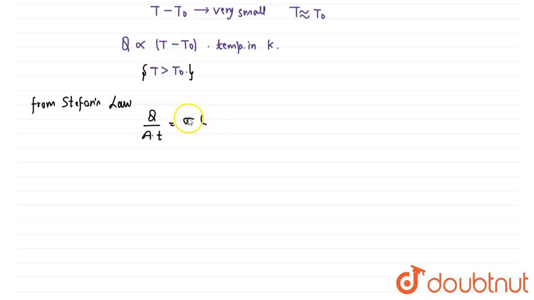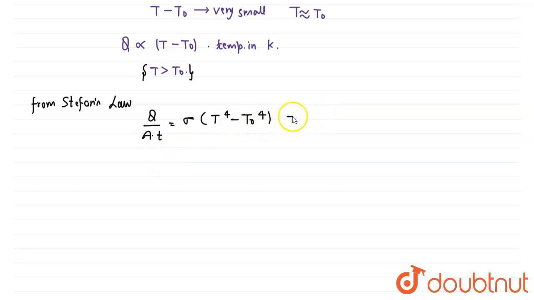But there is a temperature difference, and for the temperature difference there will be a heat transfer. Sigma T is the temperature of the liquid, so it will be T raised to power 4 minus T naught raised to power 4.